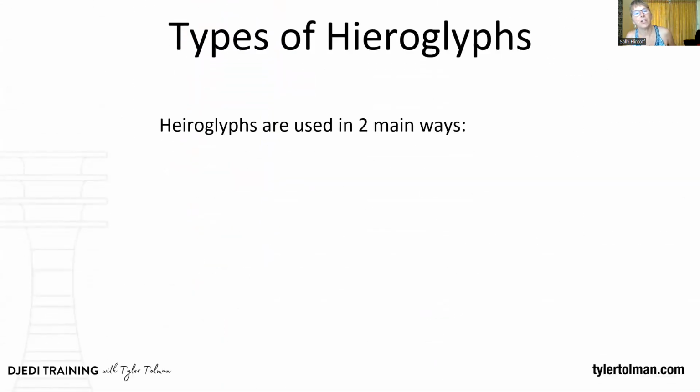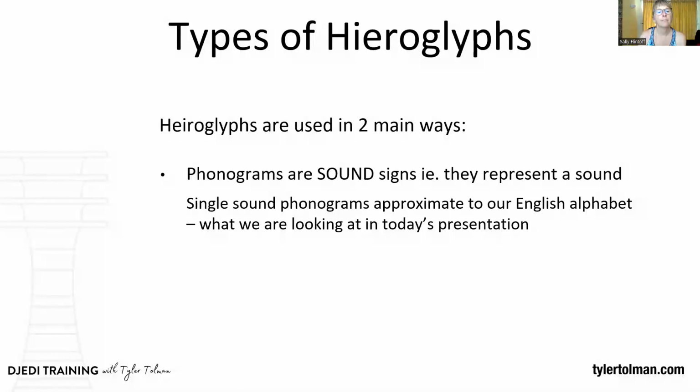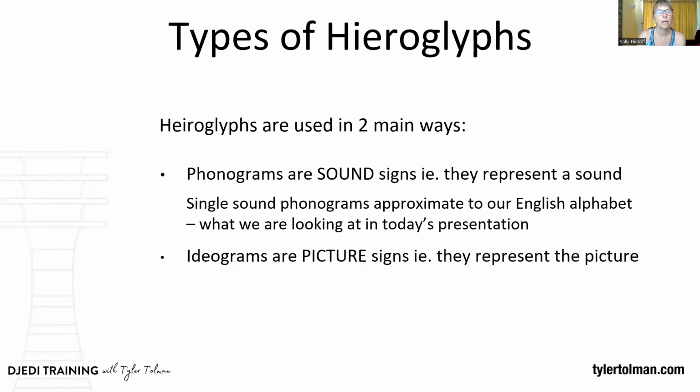Looking at the types of hieroglyphs, hieroglyphs are used in two main ways. The first main way, they are used as phonograms. A phonogram is a sound sign, so it represents a sound. And single sound phonograms approximate to our English alphabet, which is what we're going to spend the rest of this module looking at.